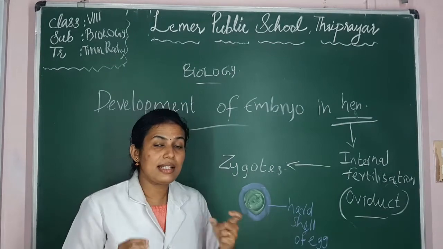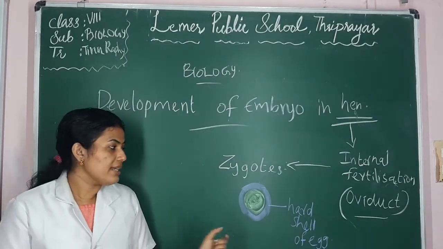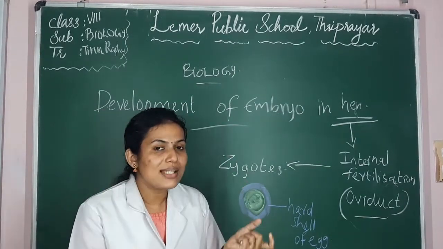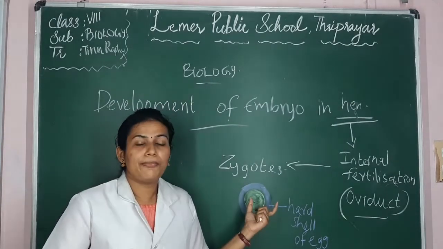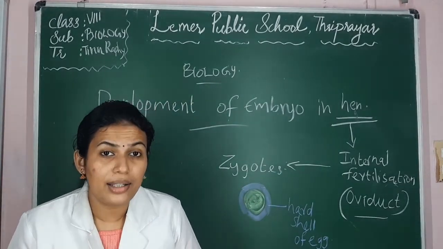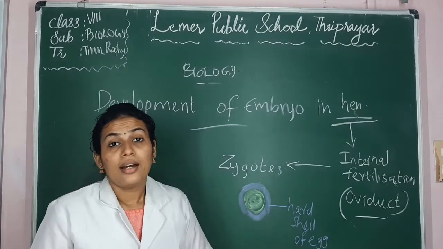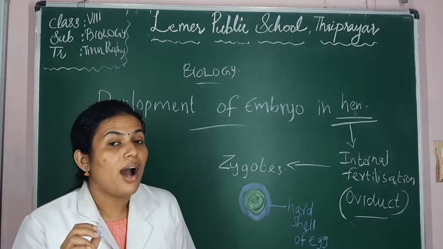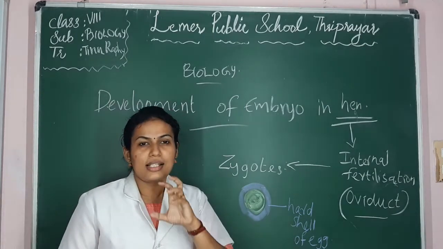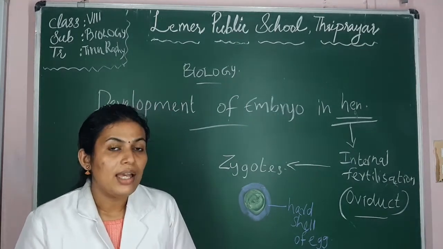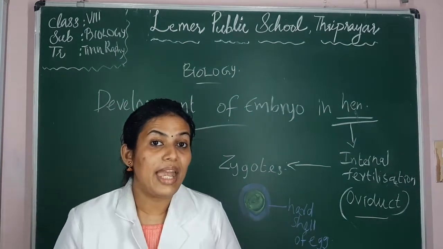So there is a zygote and around the zygote there is a protective layer. After some time the protective layer gets harder. That hard covering develops into the hard shell of the hen's egg. Now during this stage, that is zygote with hard shell, the hen lays the eggs.